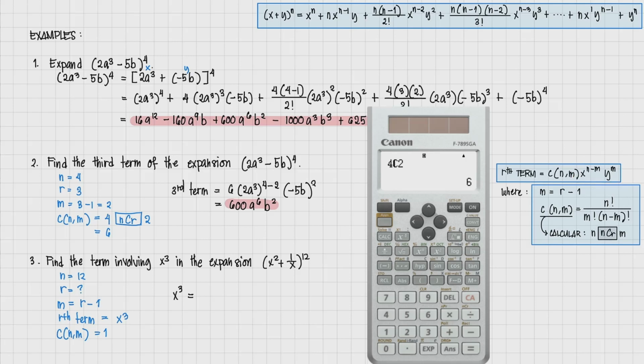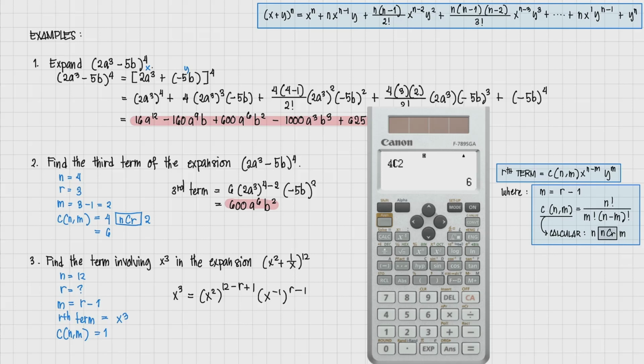Diba? So, we could proceed with this part of the formula. So, ang ating x is actually equals to x. Oops, palitan natin ang color. So, we have x raised to 2 raised to n, so we have 12 minus m, which is r minus 1. So, this actually becomes positive. Times y, which is x raised to negative 1 raised to m, which is r minus 1. Okay.